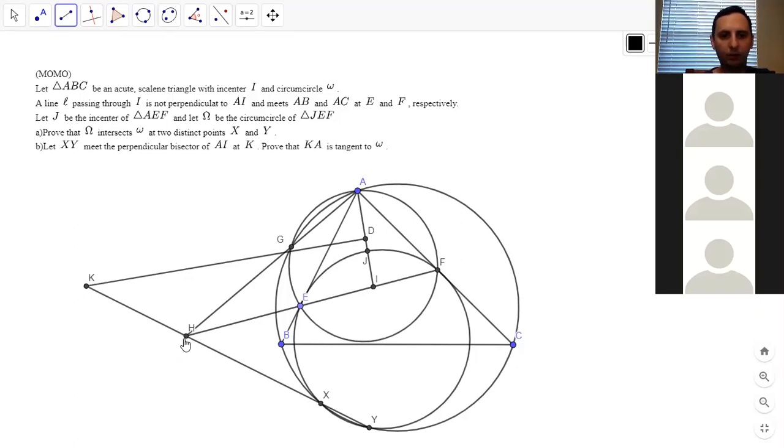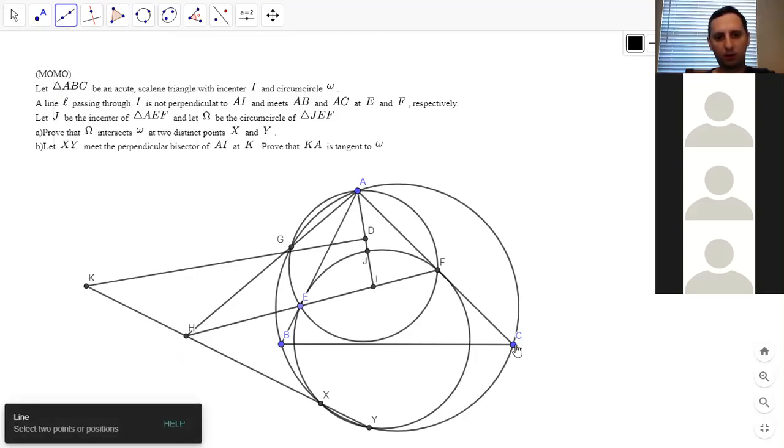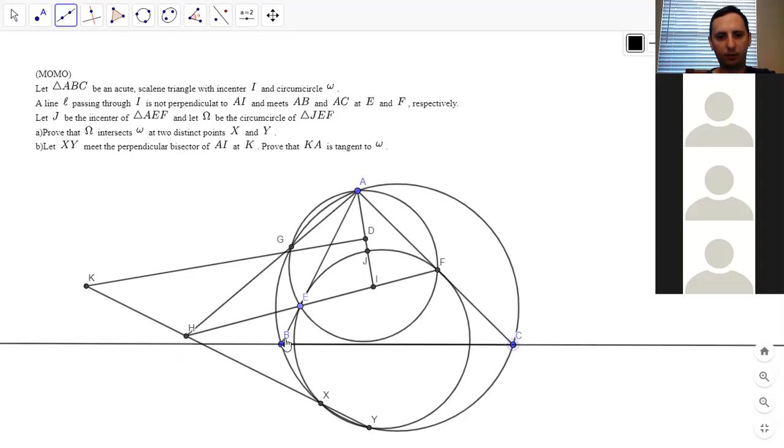I don't think so. There's no way it could pass through H. So for now, I'm just going to assume part A, but maybe eventually we'll want to go back and prove it.